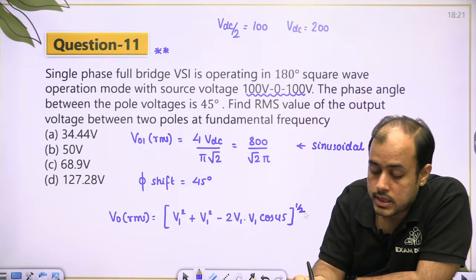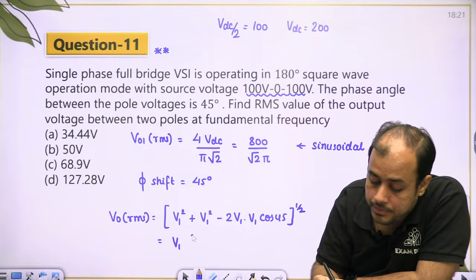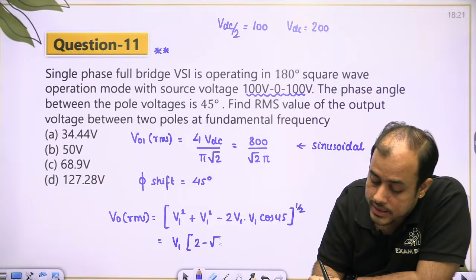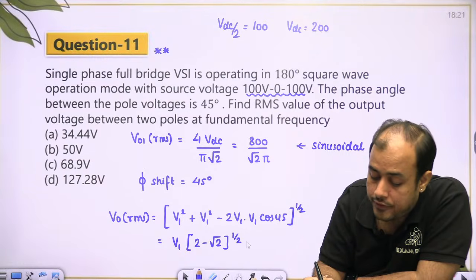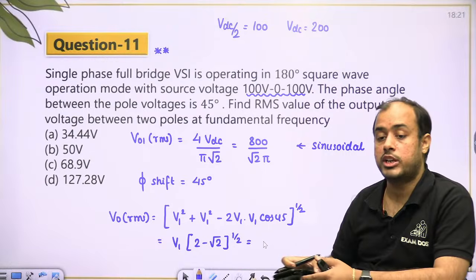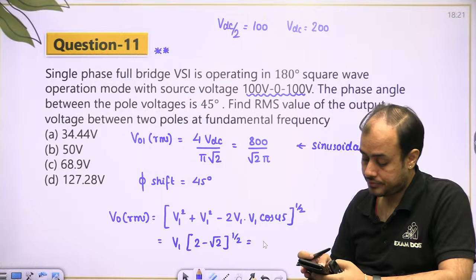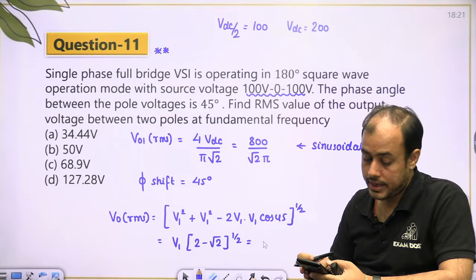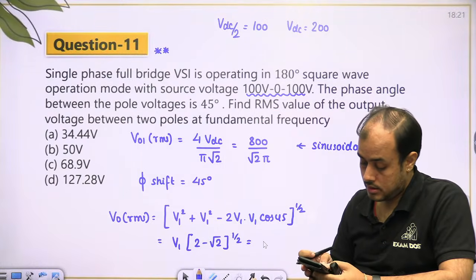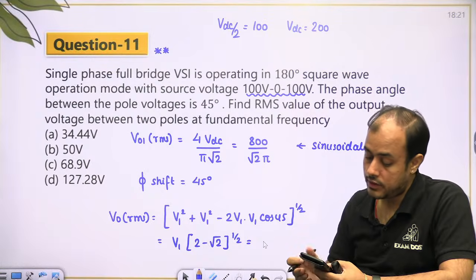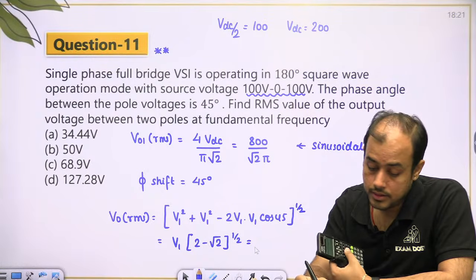When you want to subtract any other waveform, you have to basically beta use the graph just like we did in the previous question. But here what is happening is the fundamental value. Okay, the fundamental value is sinusoidal.